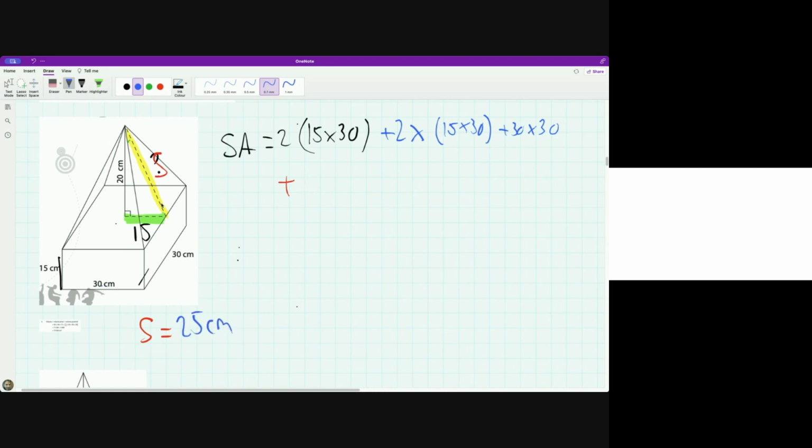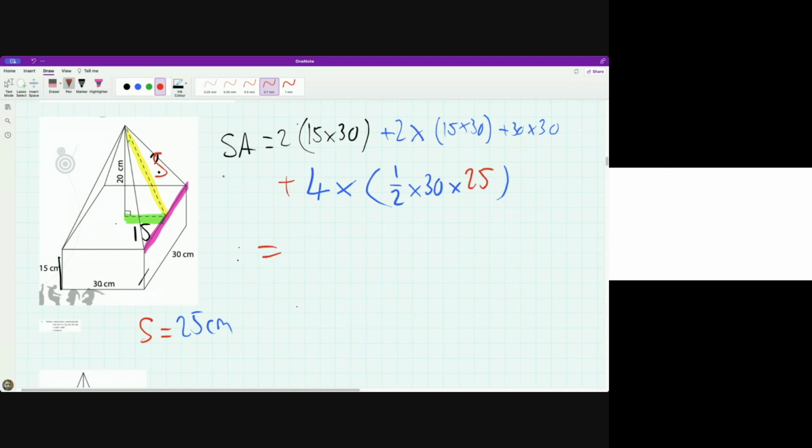So now, to figure out the area of these 4 triangles, I just go 4 times a half. Now, what's the base of the triangle? The base of the triangle that I'm interested in is this one here, and so that is going to be times by 30. And then the height is this thing called the slant height that I need, which is 25.